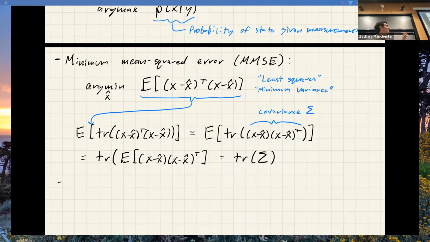Turns out you can go through a MAP derivation of the Kalman filter or an MMSE derivation, and you'll get the exact same thing at the end. There are multiple perspectives on this, so that's worth knowing. Cool, so that's fun.